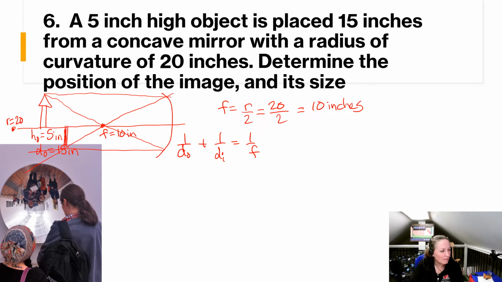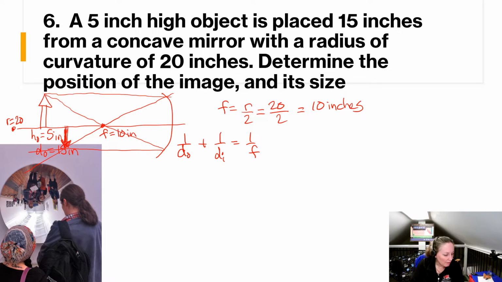Wherever these two lines cross through, that's where your image will be. So what do we have to know? We know that the image is going to be upside down. And we know that the image is in front of the mirror, which is kind of weird to think about, I know. But since it's in front of, it means it's positive as well.